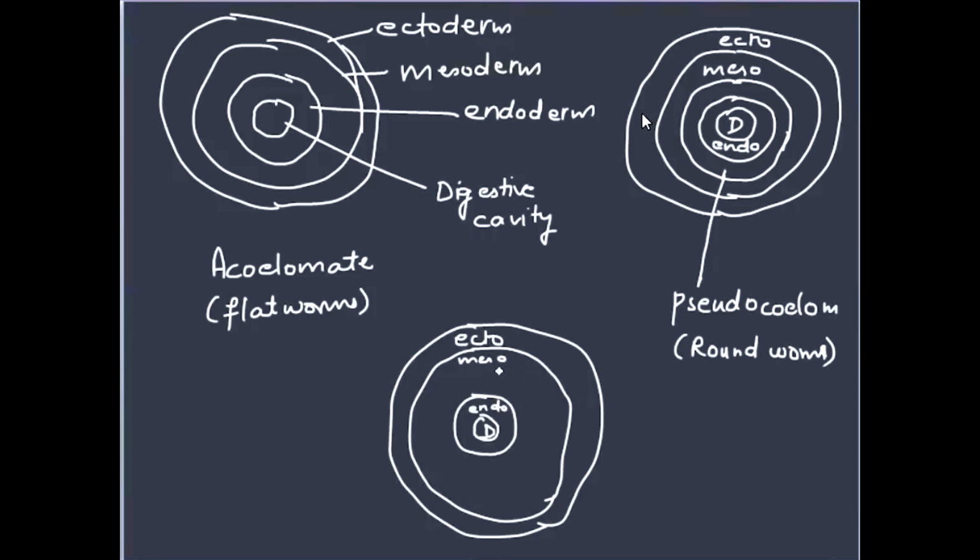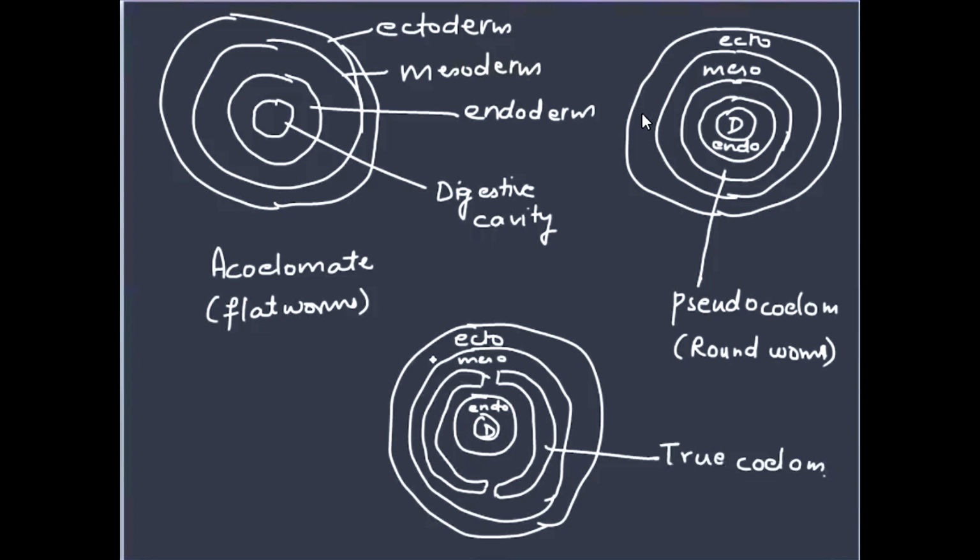And in the mesoderm, you'll have a space like this, a cavity, which we are going to call a true coelom. Okay? So it's basically the splitting of mesoderm. The true coelom is mesodermal in origin, and it has mesoderm on the inner side as well as on the outer side. So it's basically splitting from the mesoderm.